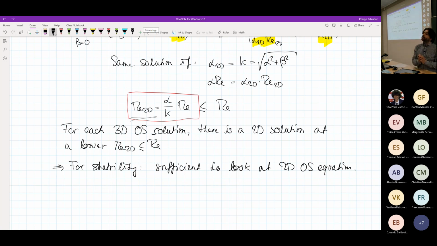So I do not need to calculate the eta equation, and I do not need to look at beta not equal to 0. Okay. So 2D waves of the Sommerfeld equations are the most dangerous instabilities that you can have in shear flow.